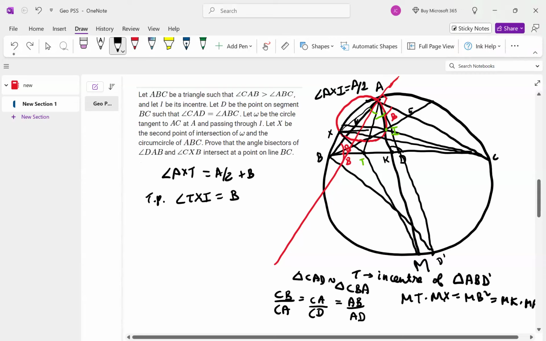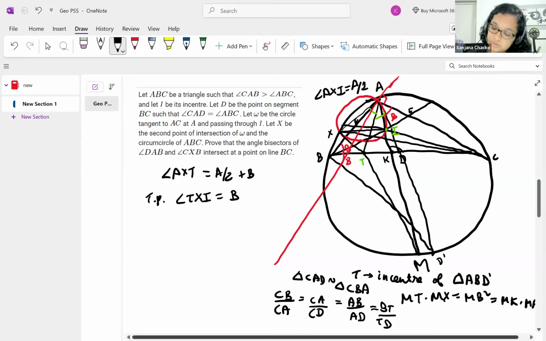We also have the three ratios: CB upon CA is equal to AB upon AD, which is equal to BT upon TD. Exactly, yes. And can any of these be equal to something else as well?